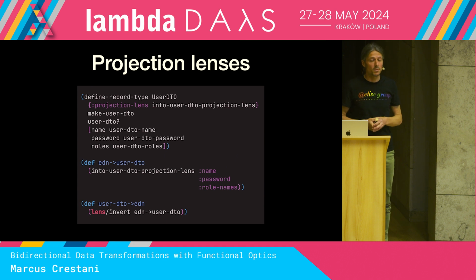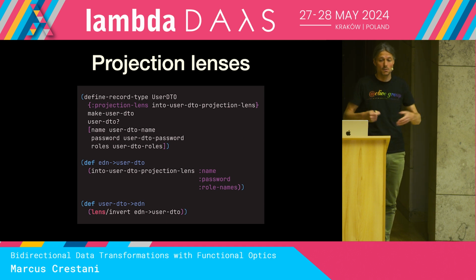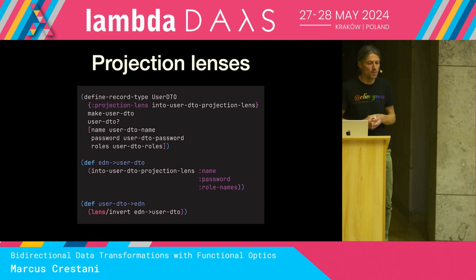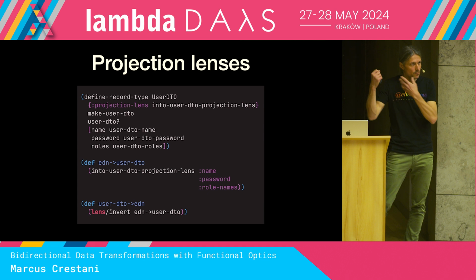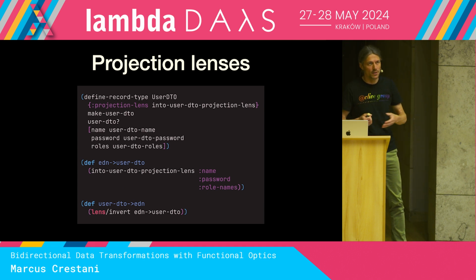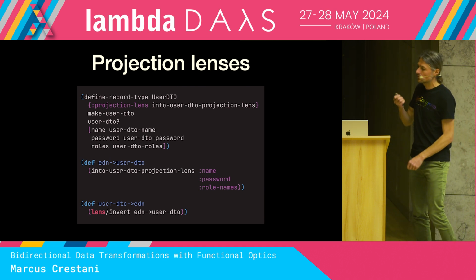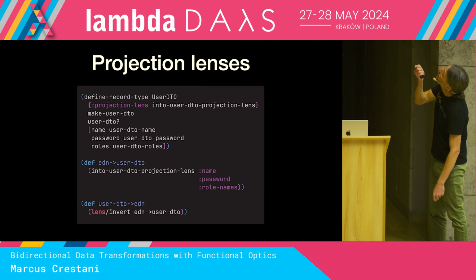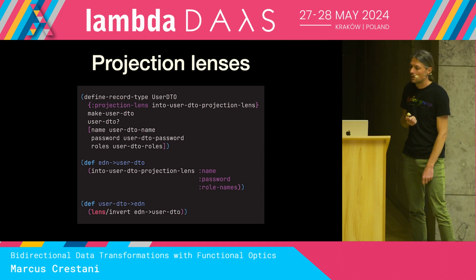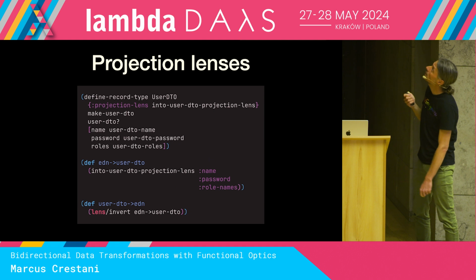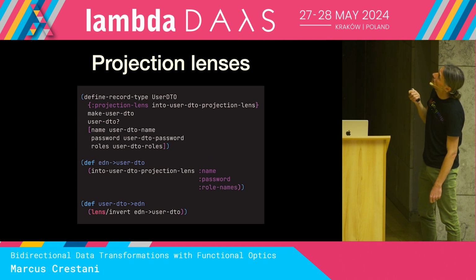Here in the example, we define the transformation from and to EDN, like the typical Clojure data transfer format. But of course, this also works for record data structures or any other data structures. To convert to EDN by using the generated projections, you just have to specify the keywords of the different fields in the same order of the record. And again, reverse is just the inversion.